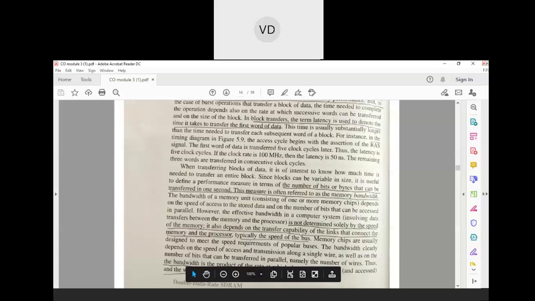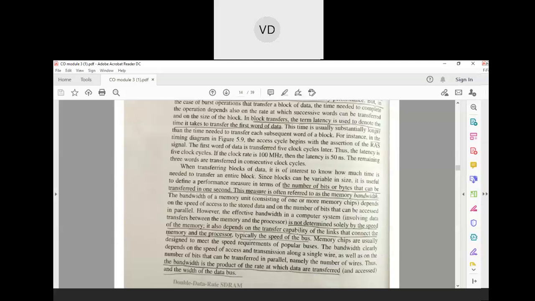We are transferring the data with the help of the buses, is it not? So let me take a real time example. All of you charge your mobiles, is it not? Suppose you have an XYZ mobile. That XYZ mobile will charge fast with its own charger, is it not? XYZ mobile, XYZ charger, fast charging will take place.